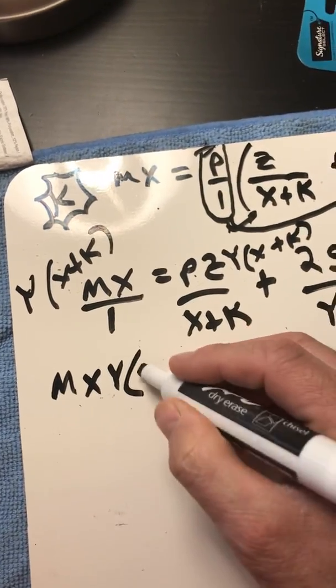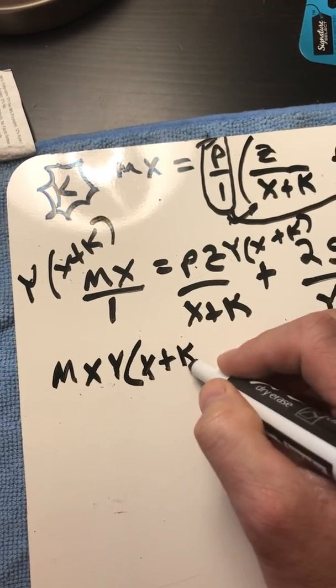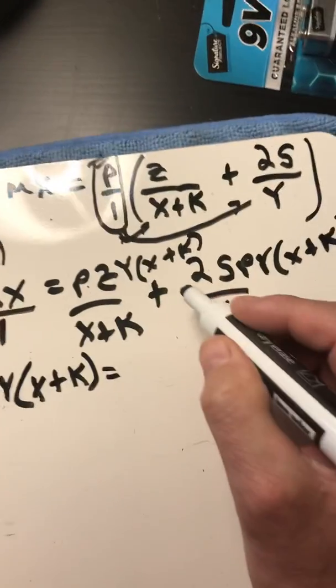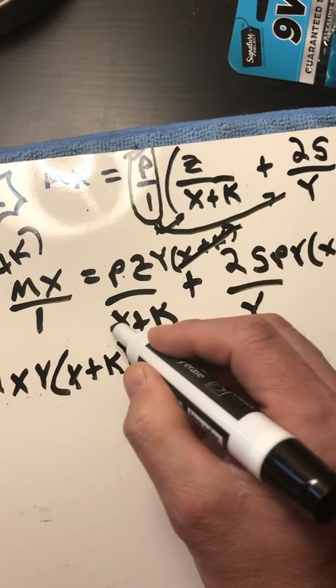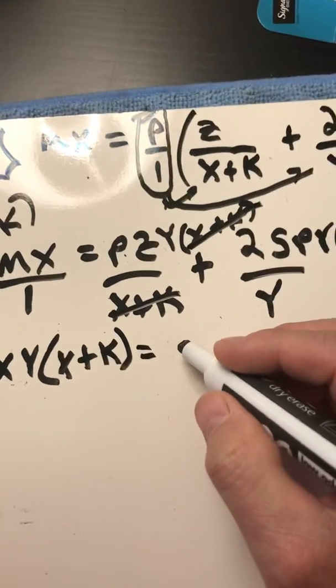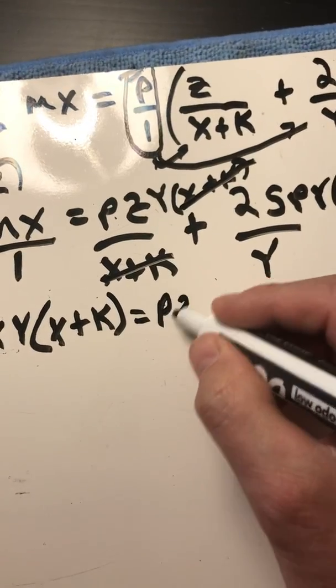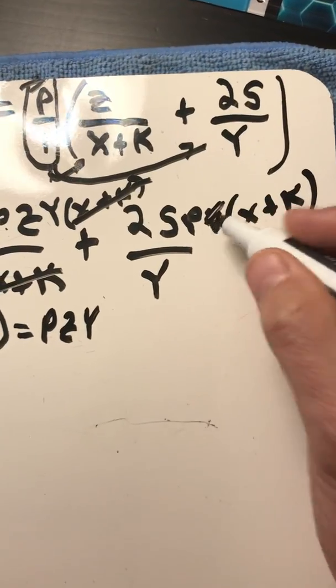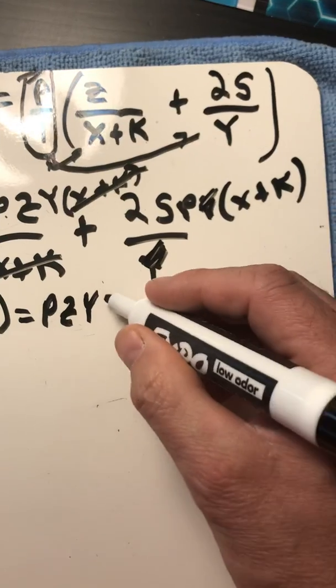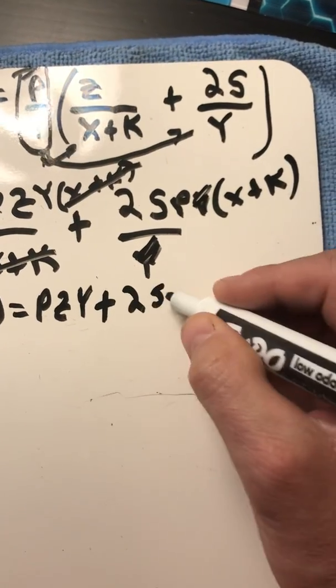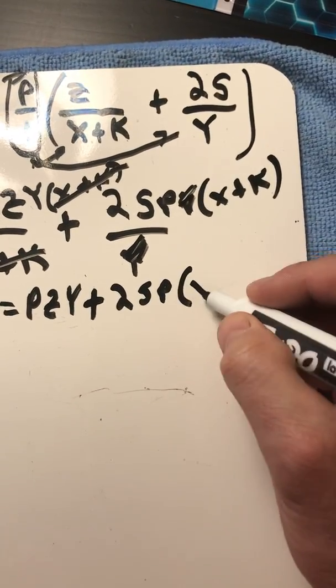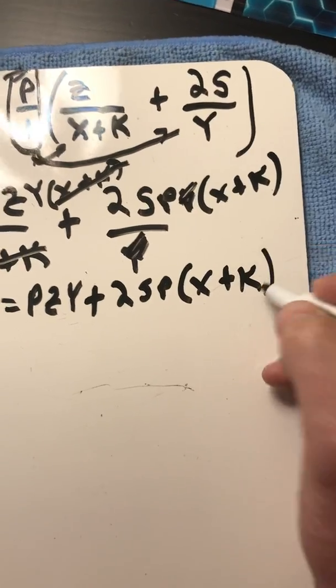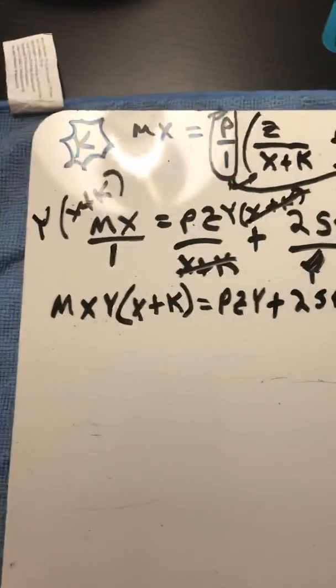So mxy times x plus k equals, here, this x plus k cancels with this x plus k, so you're left with pzy. Here, this y cancels with this y, so you're left with plus 2sp times x plus k. Okay, there's your equation now.